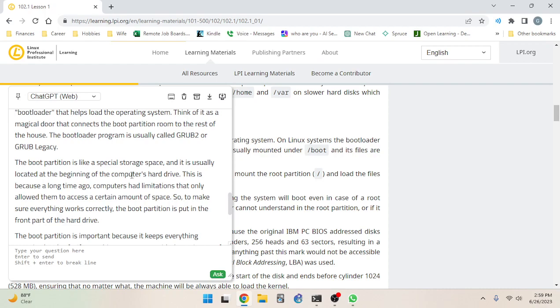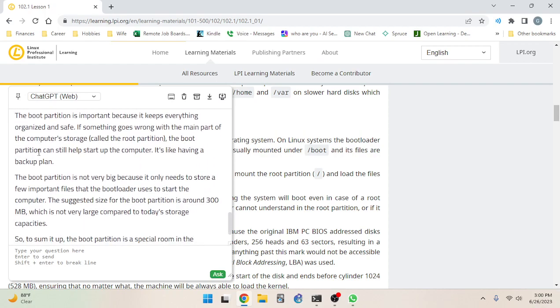So to make sure everything works correctly, the boot partition is put in the front of the hard drive. The boot partition is important because it keeps everything organized and safe. If something goes wrong with the main part of the computer's storage, called the root partition, the boot partition can still help start up the computer. It's like having a backup plan.